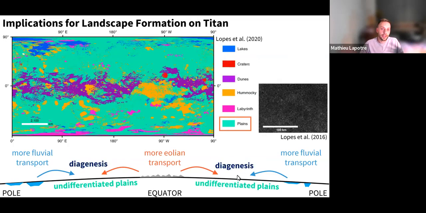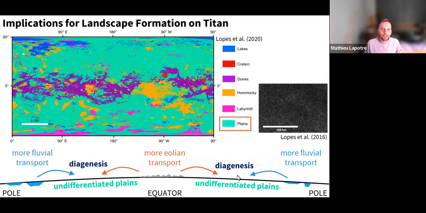And sediments that accumulate then at mid-latitudes and aren't transported very frequently under our model could sinter into coarser grains and possibly even progressively experience diagenesis and turn into lithified rocks.